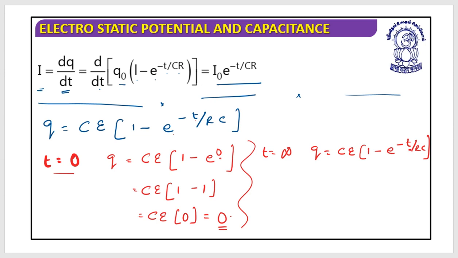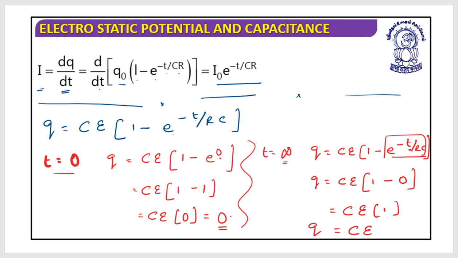If I replace the time with infinity, this whole exponential term becomes 0. So it is 1 - 0, and q = CE into 1, which gives me CE. This is charge q. So at t = 0, it is 0 charge. At t = infinity, it is at CE charge.